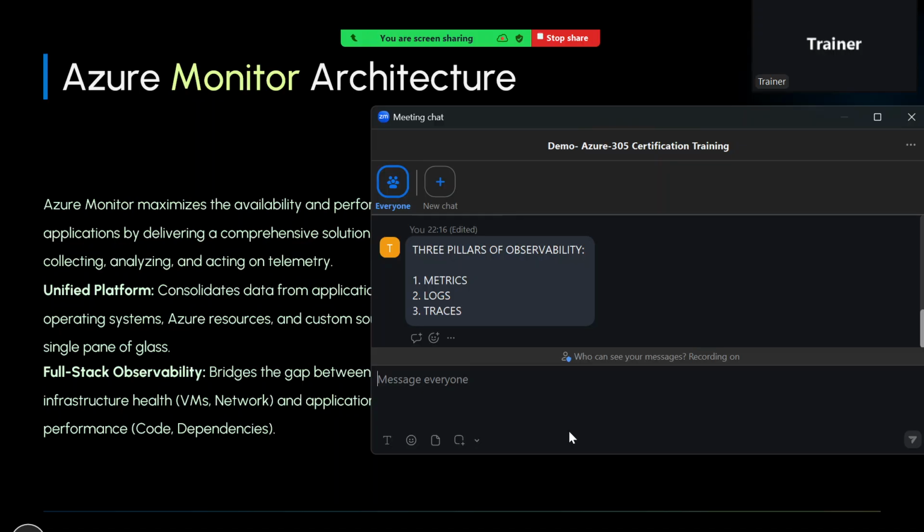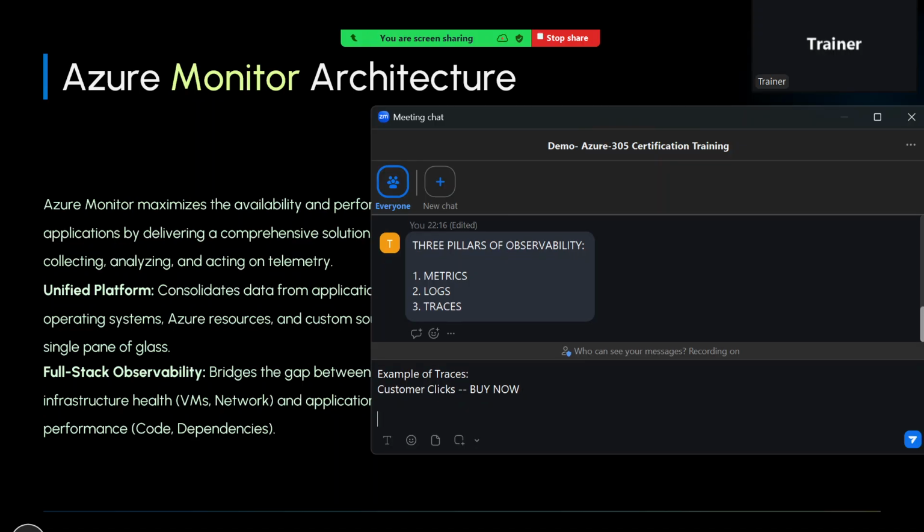For example, a customer clicks the buy now button.